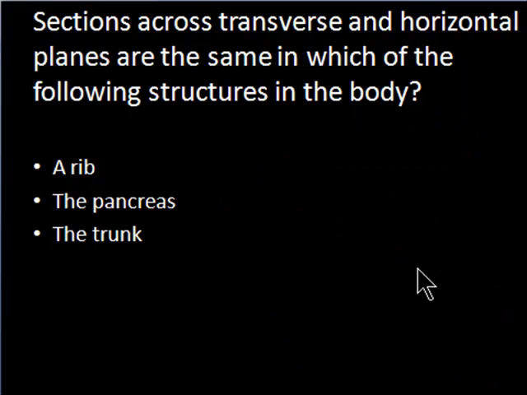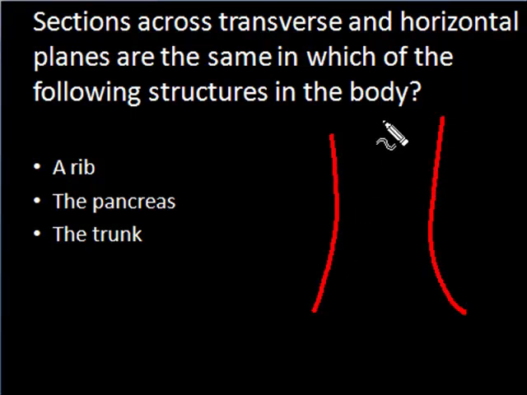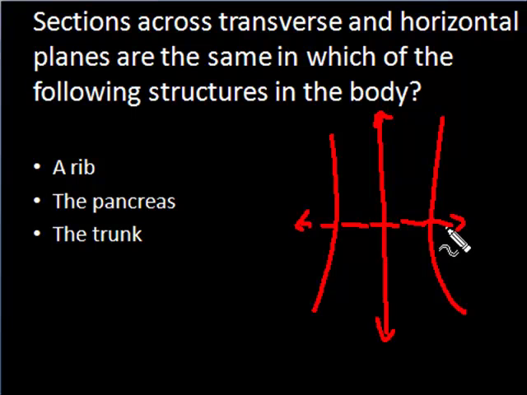Let's look at the trunk. So the trunk is this way. Its long axis is this, the length. A transverse section will go across this way and divide it into an upper and a lower portion.